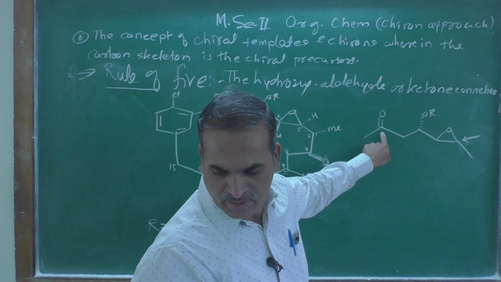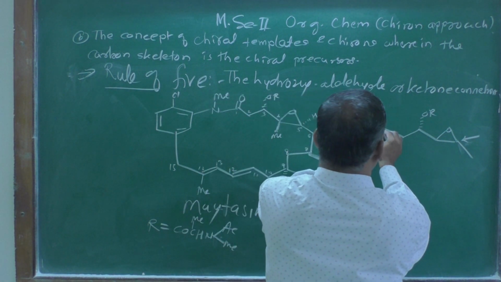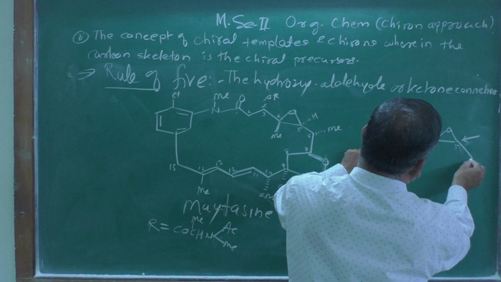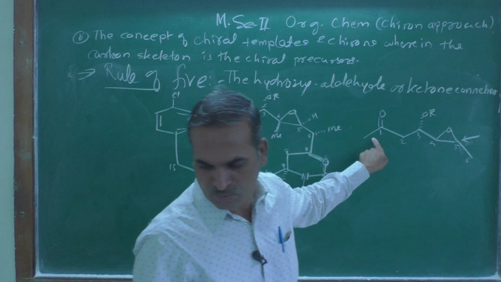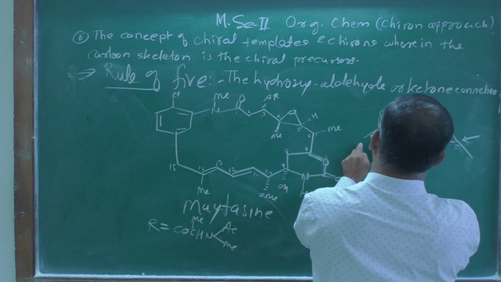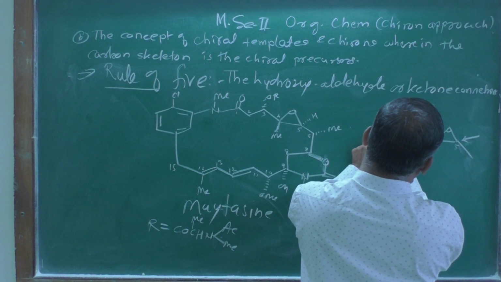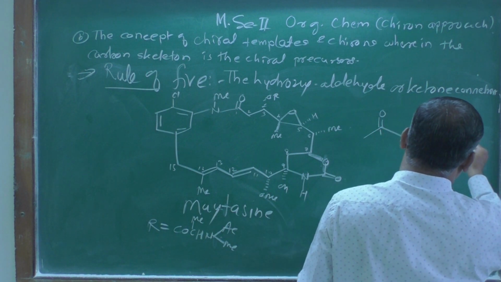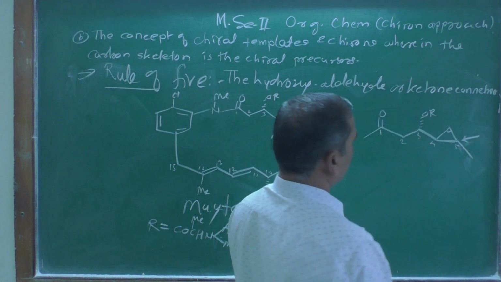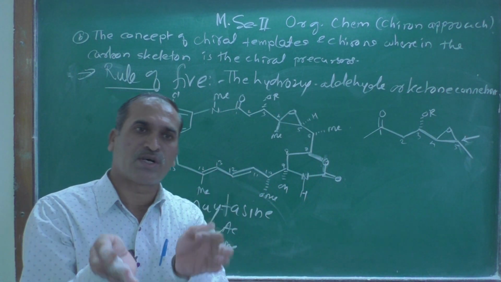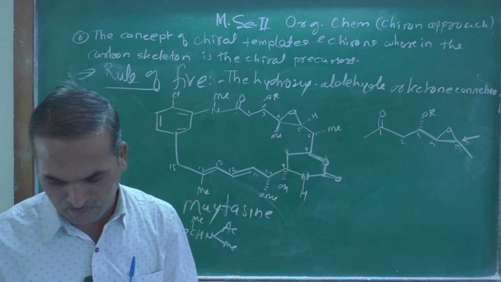If you number these carbon atoms, it is 1 2 3 4 5 and 6 over here. So this is the rule of 5: look at this skeleton from here, here, and here. You look from this side, so there will be 5 carbon atoms, meaning that segment which comes from the carbohydrates.